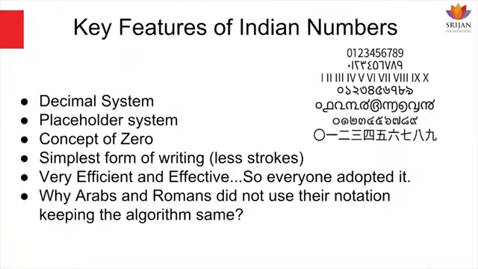Okay, so this is a little bit of history, but what are the features of the Indian number system? One is that we see a decimal system, and second, very important, is the placeholder system. Other cultures also followed a decimal system.